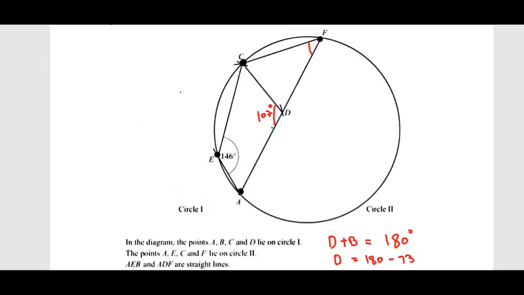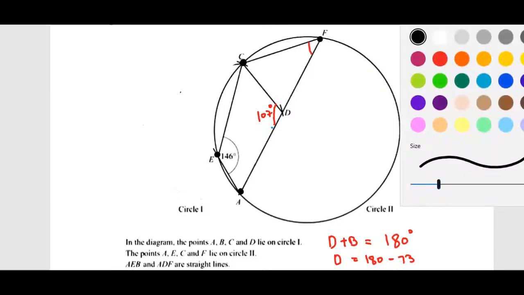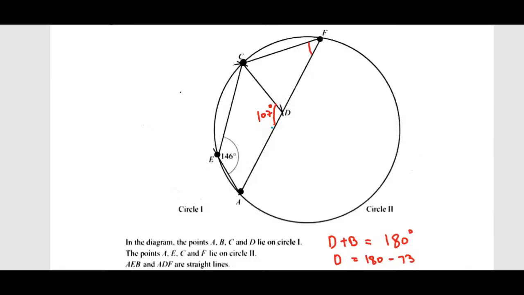Since this is a cyclic quadrilateral, the sum of angles E and F is going to be 180 degrees.